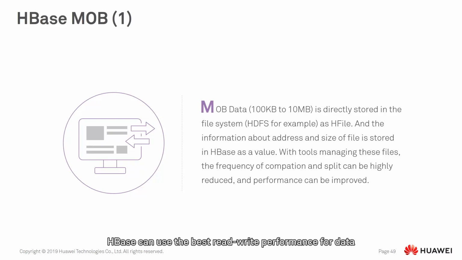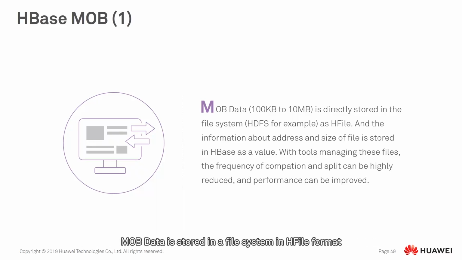HBase can yield the best read and write performance for data whose size is smaller than 100 KB. If the size of data stored in HBase is greater than 100 KB or even reaches 10 MB, and the same number of data files are inserted, the total data amount is large, causing frequent compaction and split, high CPU consumption, high disk I/O frequency, and low performance.